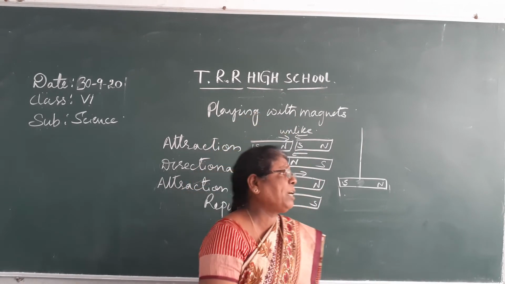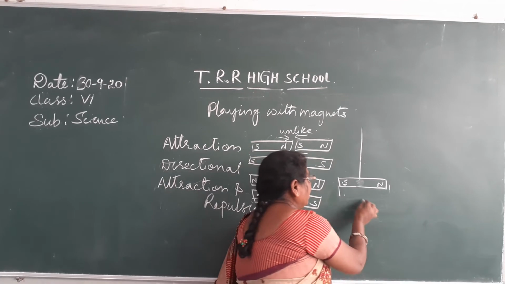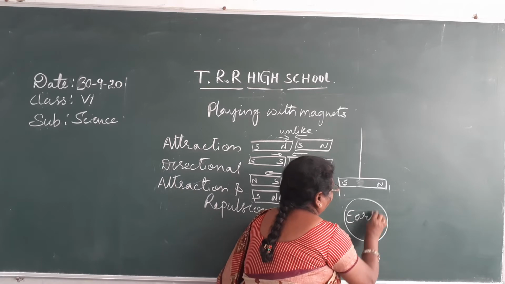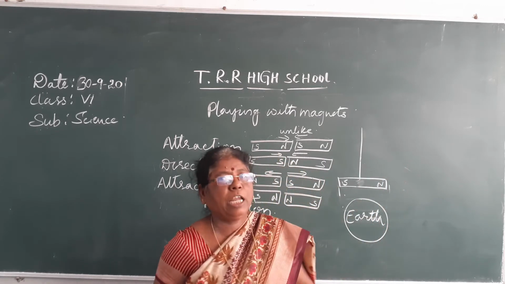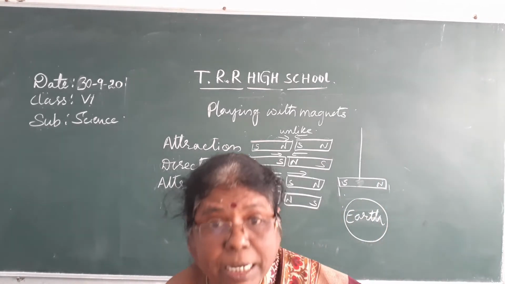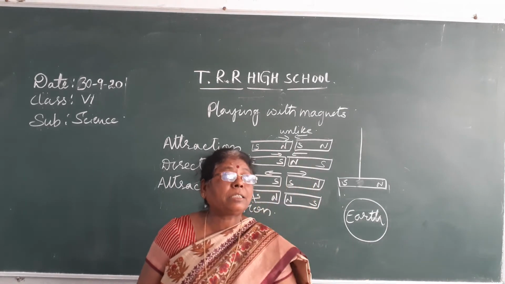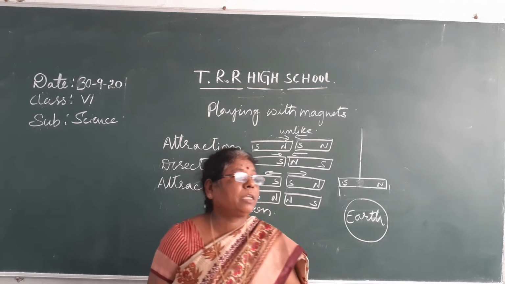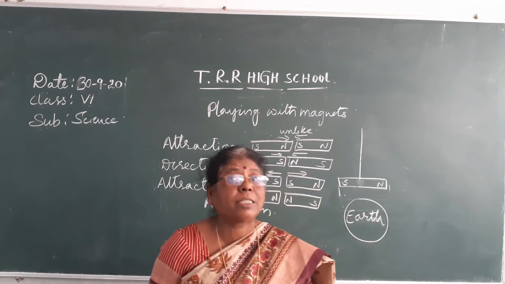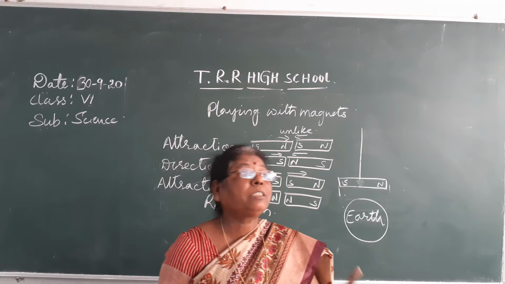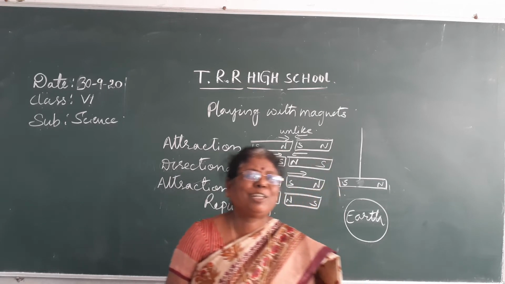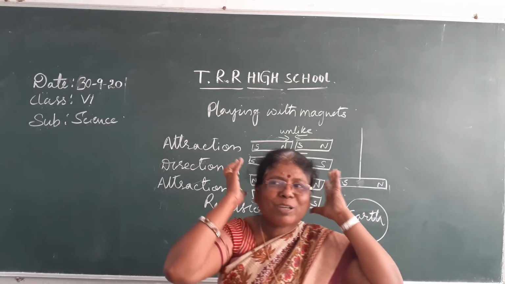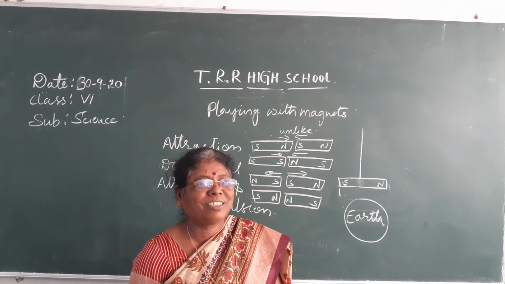So what you understand by this is that the earth has an invisible force, an invisible power inside it which attracts everything towards it. That's why one should not sleep in the north and south direction, especially the south direction. Your head becomes heavy. This is a scientific reason.